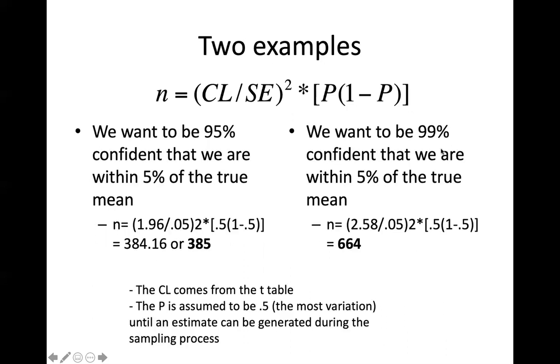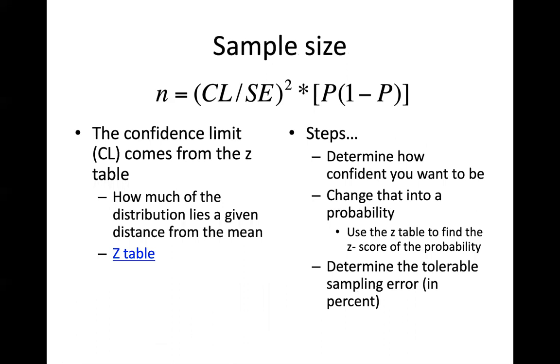If I want to be 99% confident, 99% confident means I'm only wrong 1 time out of 100. Within that same percentage close to the mean, I have to almost double my sample to 664. So the level of confidence matters, and also how close we are. And we can look at the different variations, but most of the time, this is the confidence limit. It comes from the z-table.